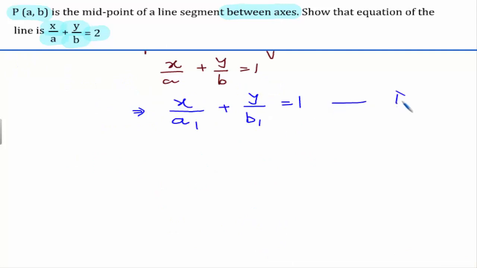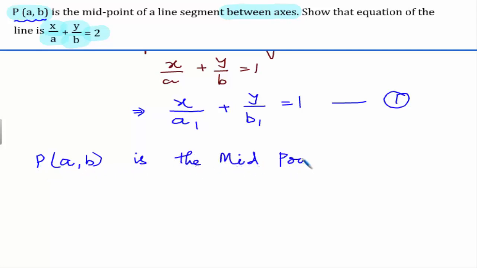Now this is the equation of the line. Now it is given that P(A, B) is the midpoint of the line segment.